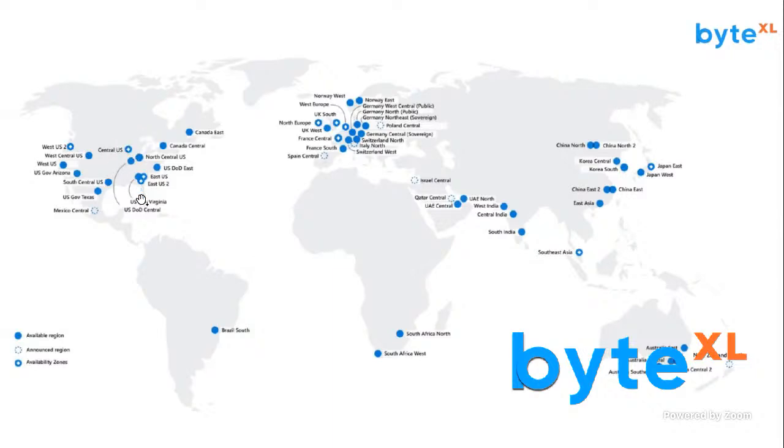So only a few of the regions have availability zones, and the dotted ones are completely new announced regions. It could be Spain Central, Poland Central, Qatar Central, Israel Central, or Mexico Central, the newly announced regions.